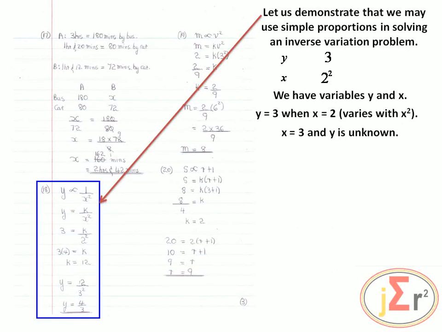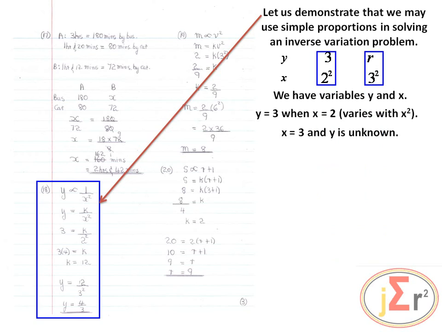X is equal to 3 and y is unknown. And there we are again squaring the value of x, which is 3. So square 3, because the relationship is between y and x squared. So there we have it.